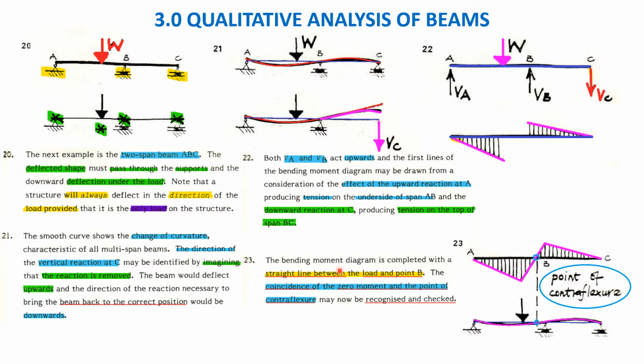The bending moment diagram is completed with the straight lines between the load and point B. Between the load and point B, it will be straight lines. And the coincidence of the zero moment at the point of contraflexion may now be recognized and checked. This is a point of contraflexion having zero moment.